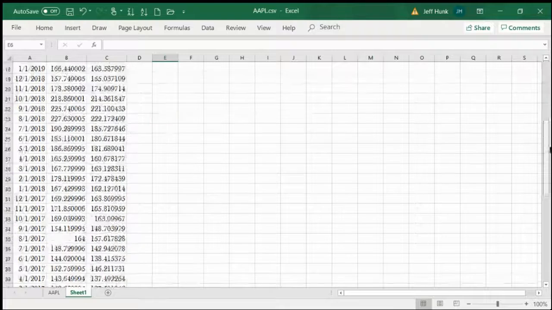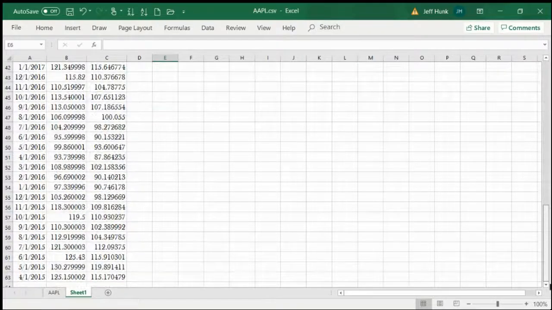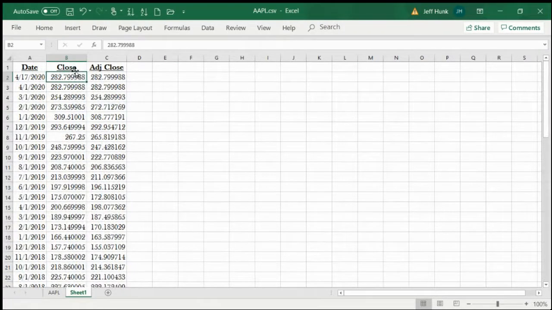But as long as you have come to this point, that's fine. That's good. You're okay. And I'm going to change this label to PT.